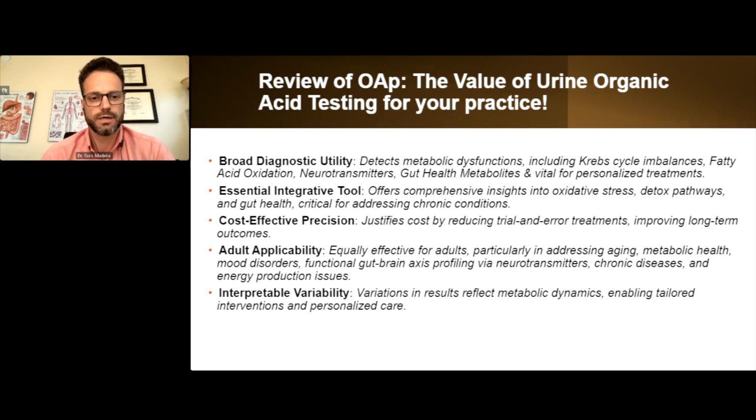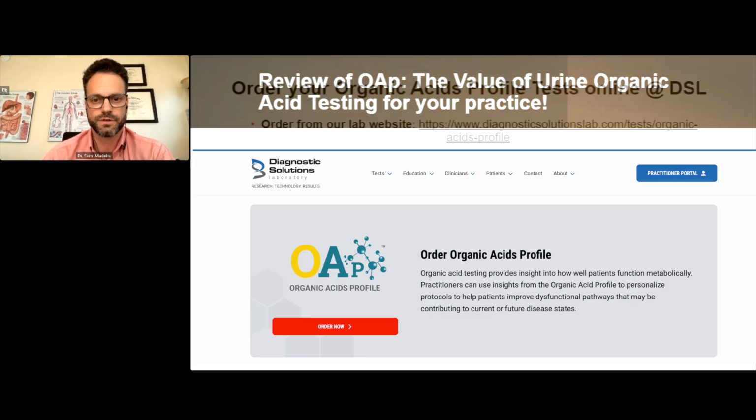And adult applicable, obviously, as mentioned: neurotransmitters, chronic illness, energy needs for the gut, brain, and mood, and all the things we talked about. And interpretive variability, so variations of results reflective of the metabolic dynamics going on in your patient and what they're eating and doing day to day. So hopefully that helps you give more personalized and precision plans for your patients.